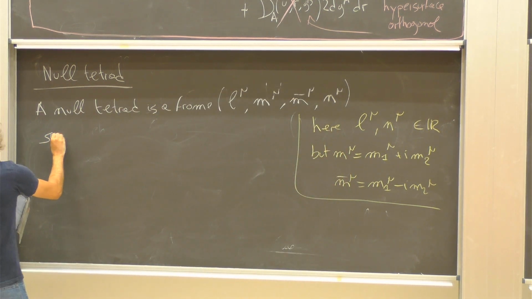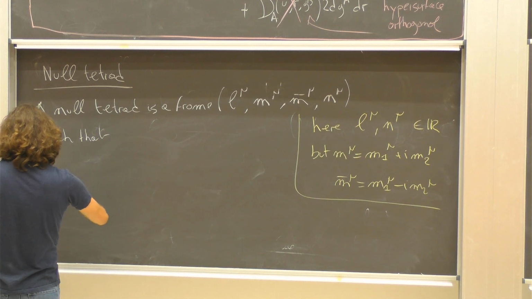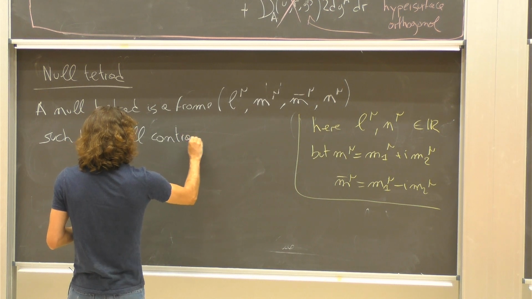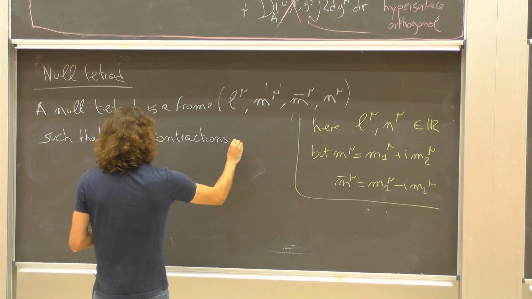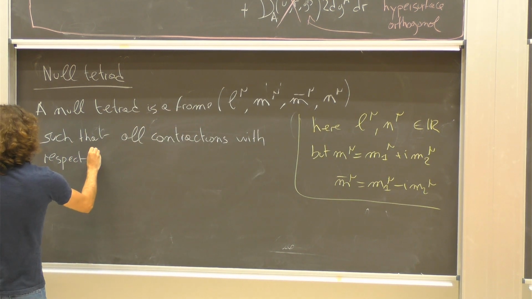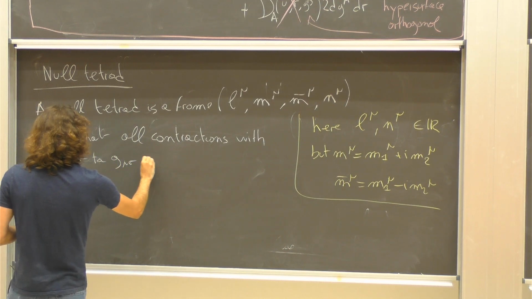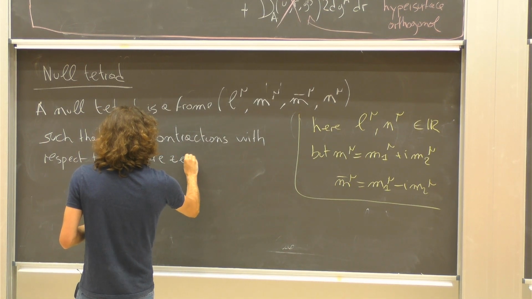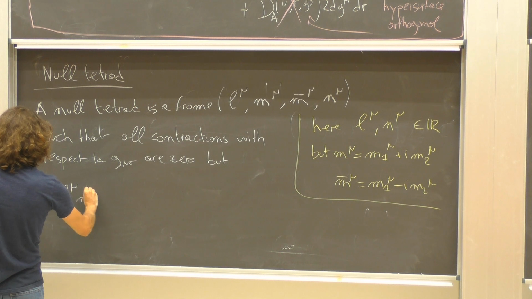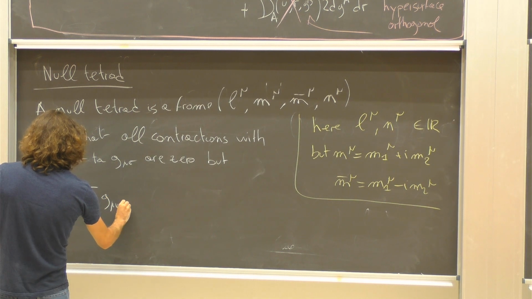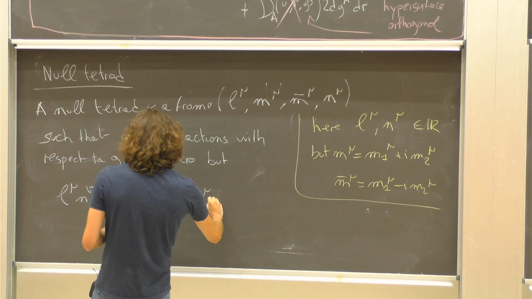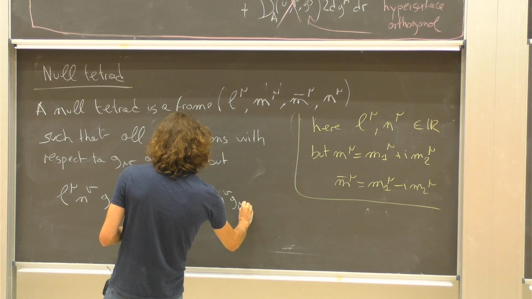So you want the following conditions. All contractions are zero, but L^μ N_μ equals -1 and M bar^μ M_μ equals 1.